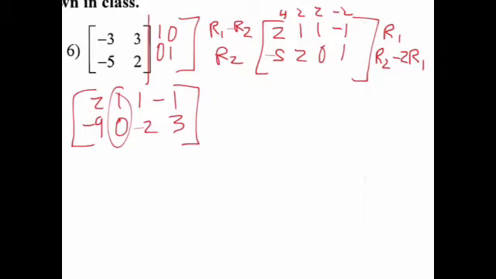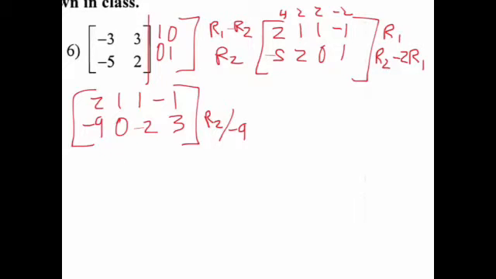Good thing I have a 0 now there, because what I can do, let's see, is take this entire second row and just divide everything by negative 9. That would give me 1 and 0 there.